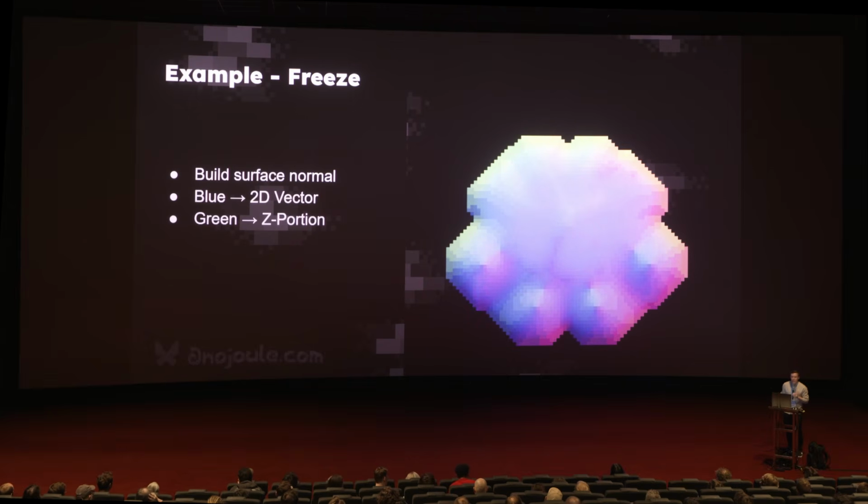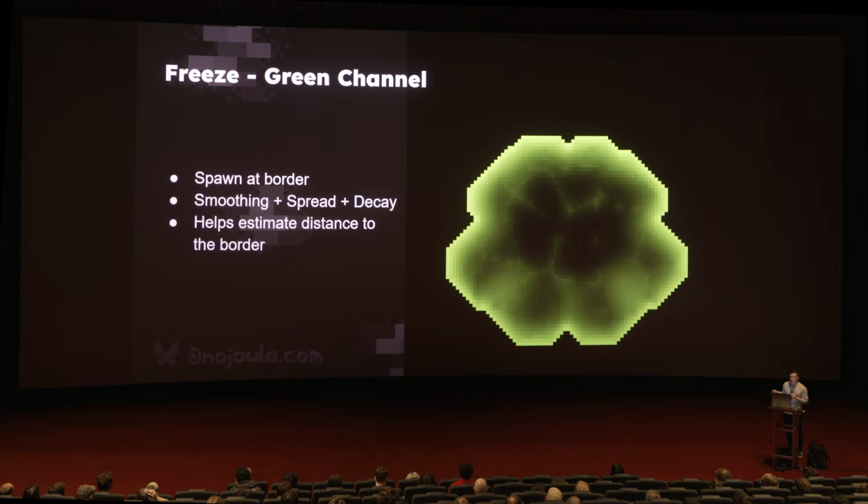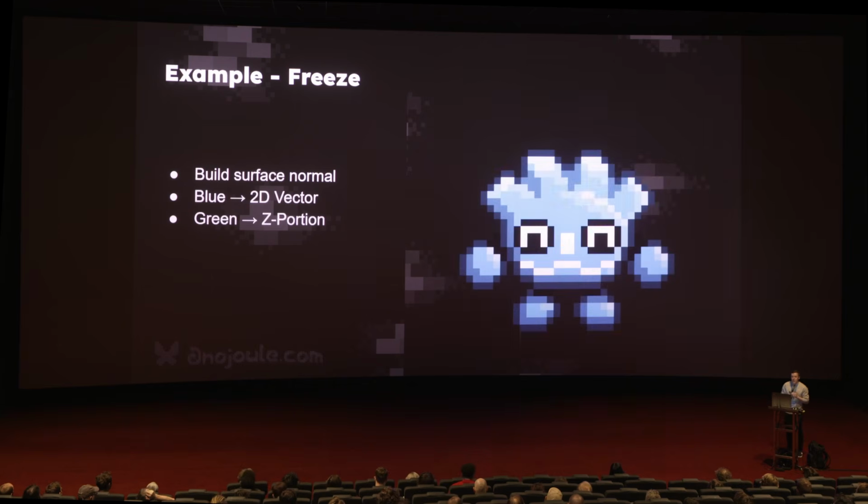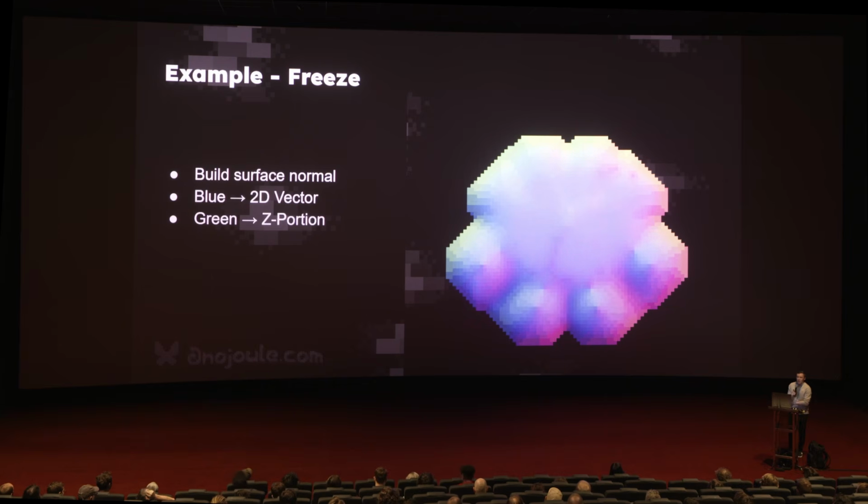So if I go back real fast, we see in the middle the green is getting less. That means if the green is less dominant, the Z portion gets greater. And at the border, the blue value is more dominant. So we get a nice 3D shape.